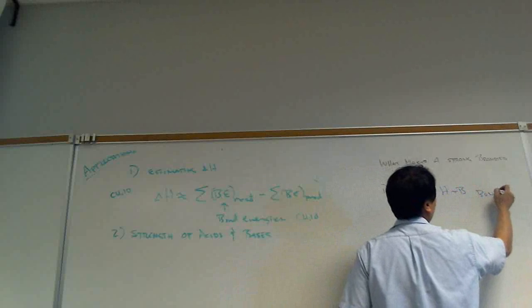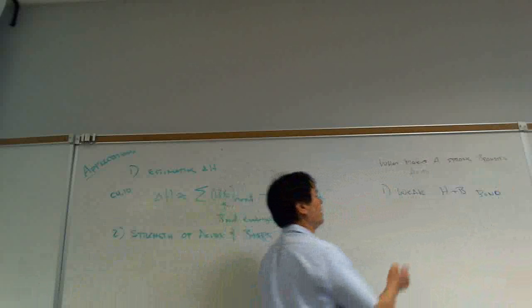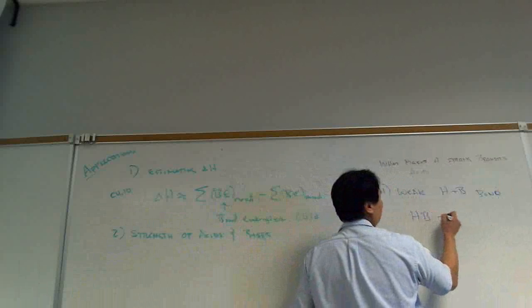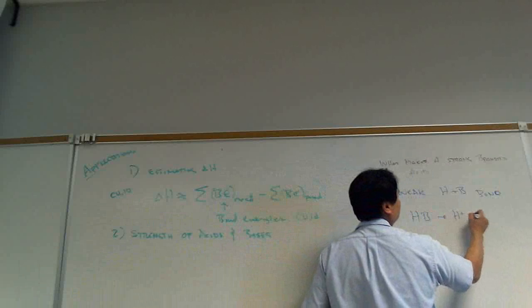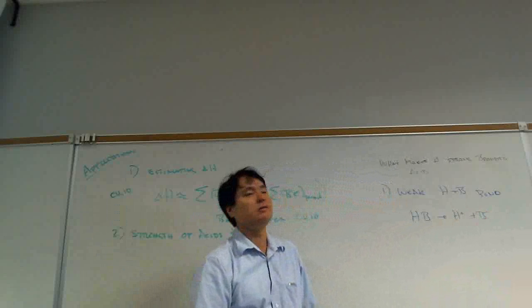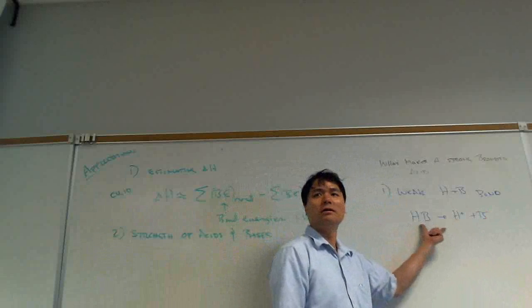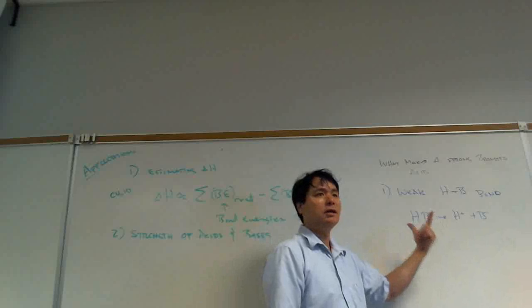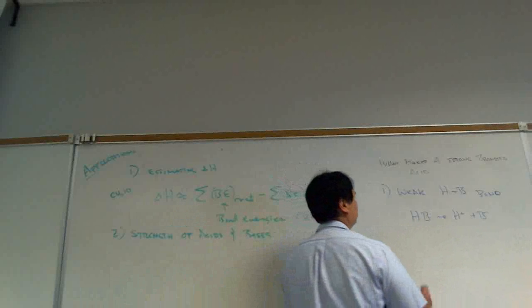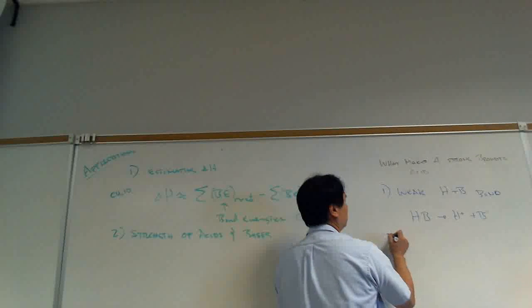This is most important because we need to break the H off easily. So we have HB goes to H plus B minus, where B is just the conjugate base. And so the weaker this bond, the stronger the acid. And so this is important.